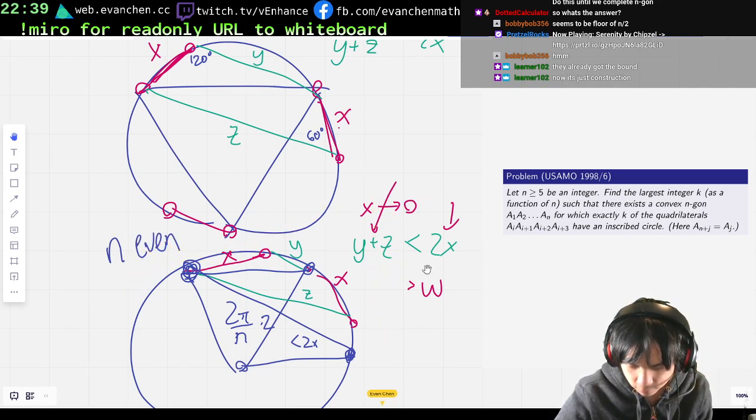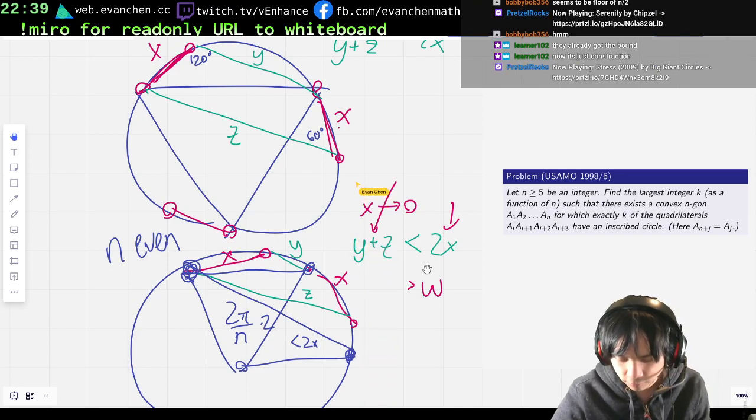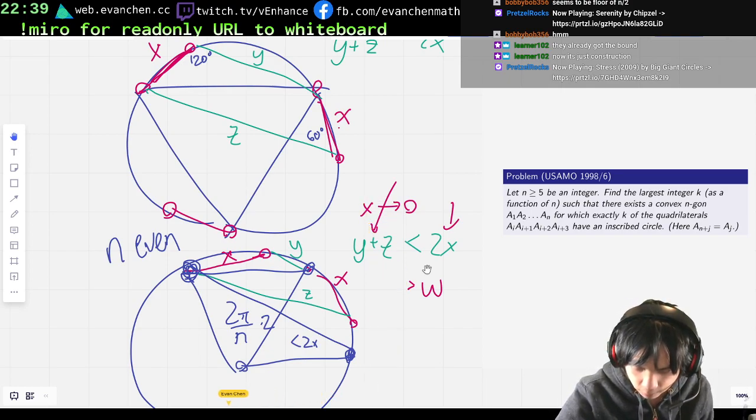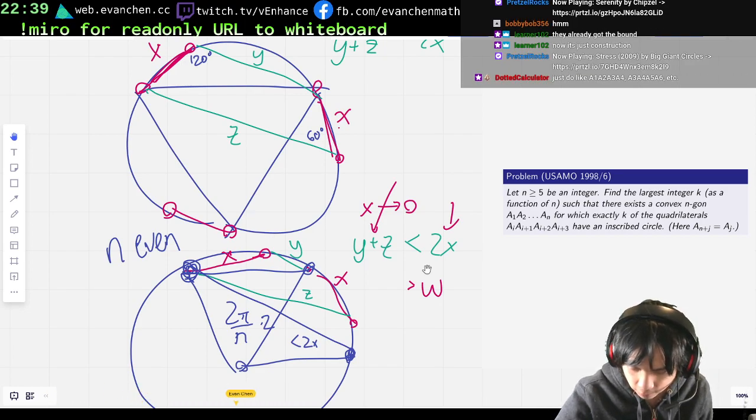I was trying to say, I just wanted to squeeze in one more vertex, right? So if I do... Can I not just do this? If I put one here, one here, one here.